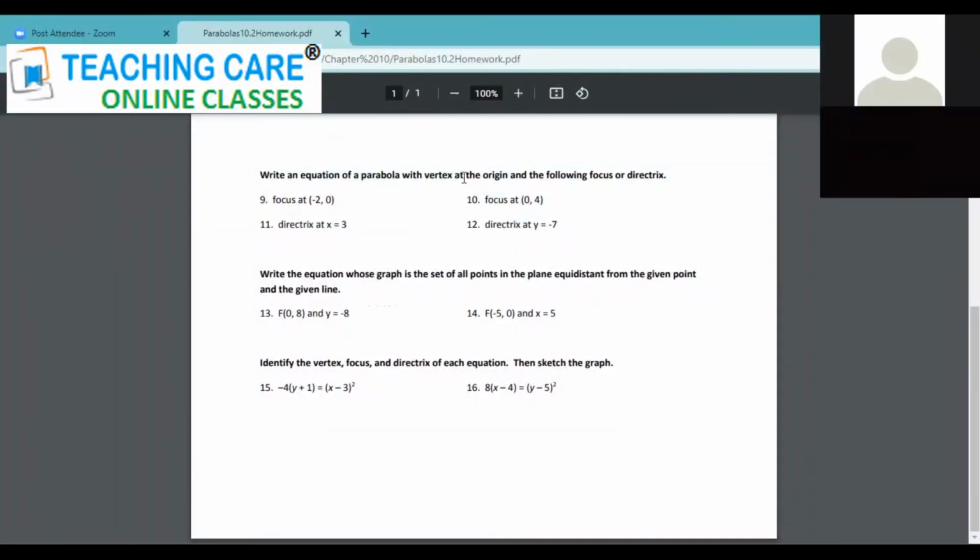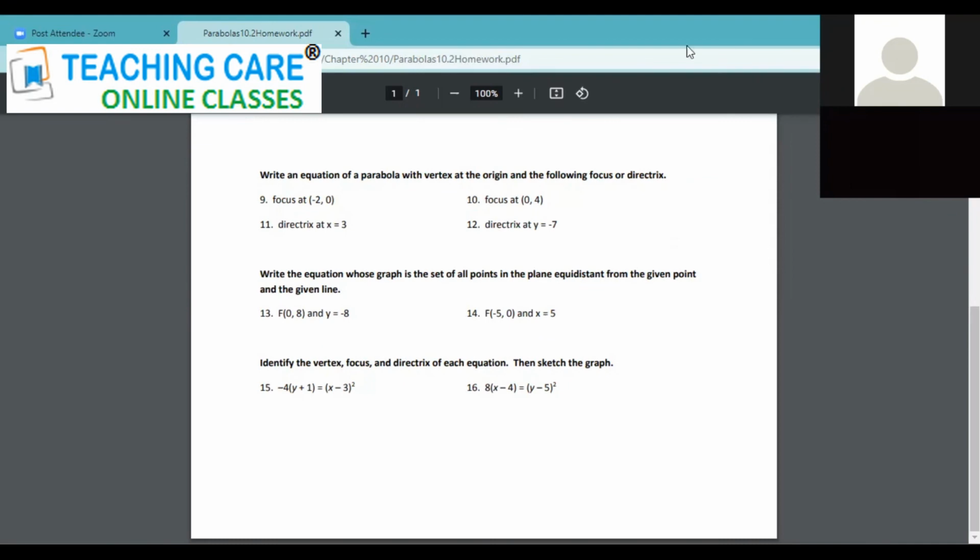Now they have given the focus for us. You need to write the equation of the parabola with vertex at the origin and the following focus or directrix. Negative 2x equals y squared.